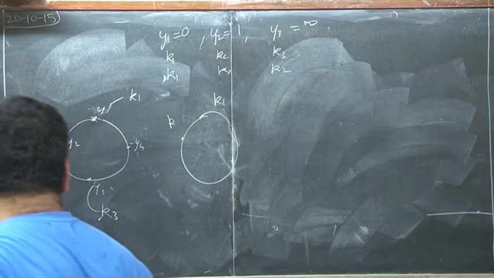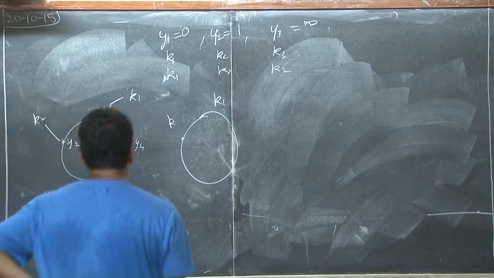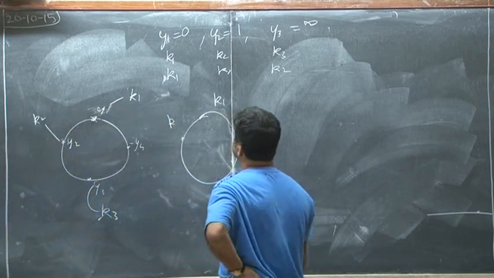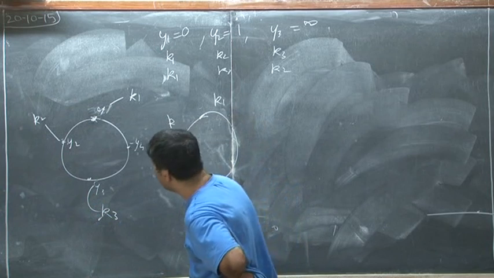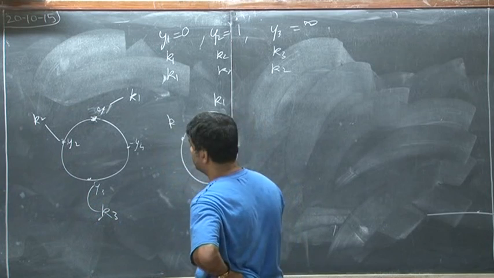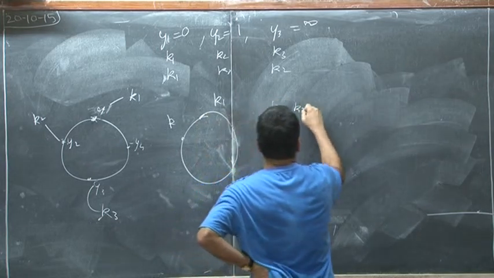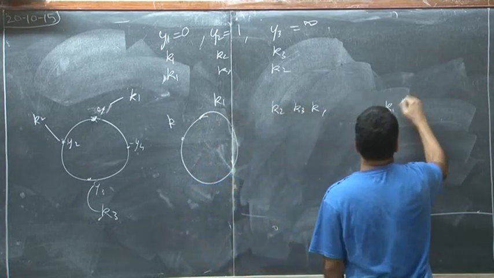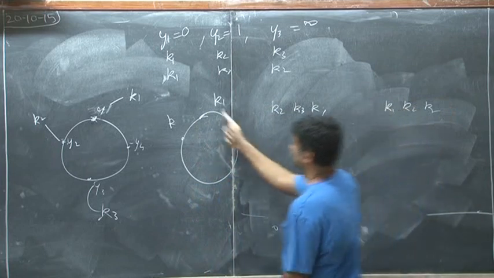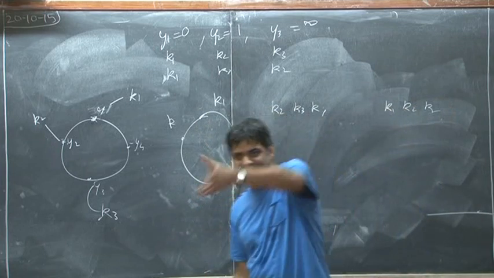Why is K2, K3, K1 not different from K1, K2, K3? Because of the disk. All that matters is cyclic ordering.